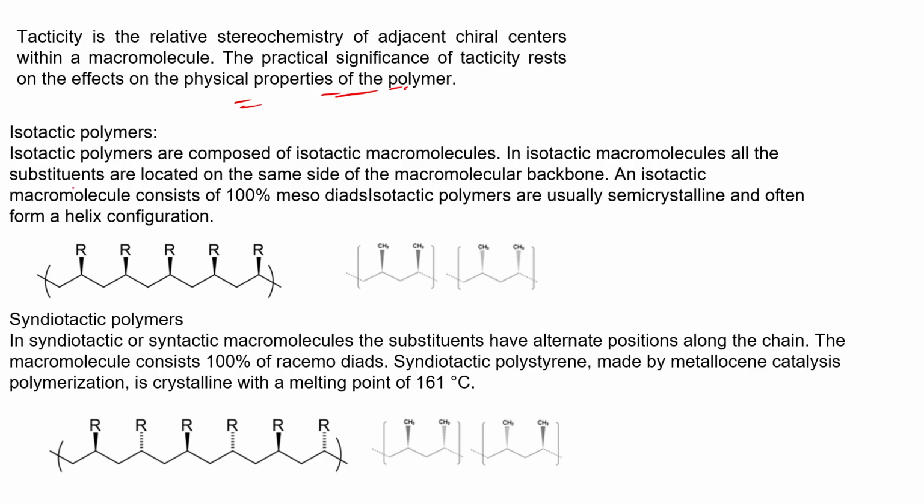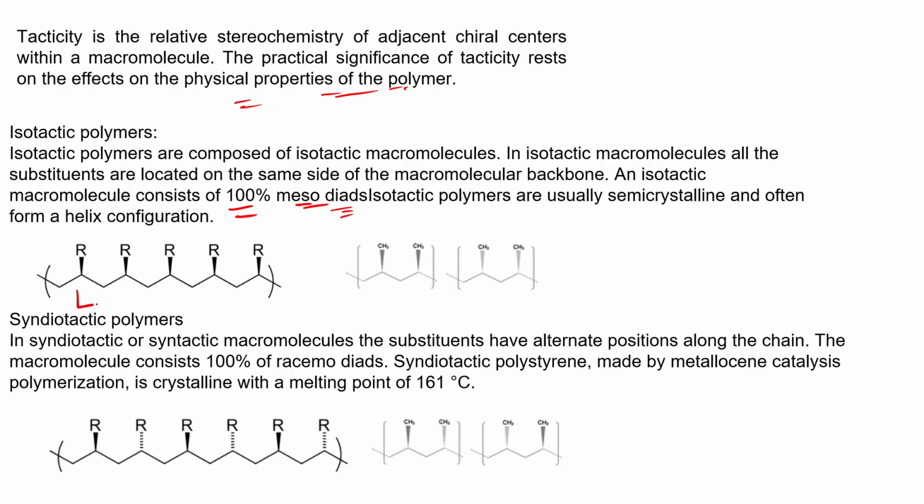So now let's look at these three things. Isotactic polymers are composed of isotactic molecules. In an isotactic macromolecule, all the substituents are located on the same side of the macromolecular backbone, and they consist of 100% meso diads.